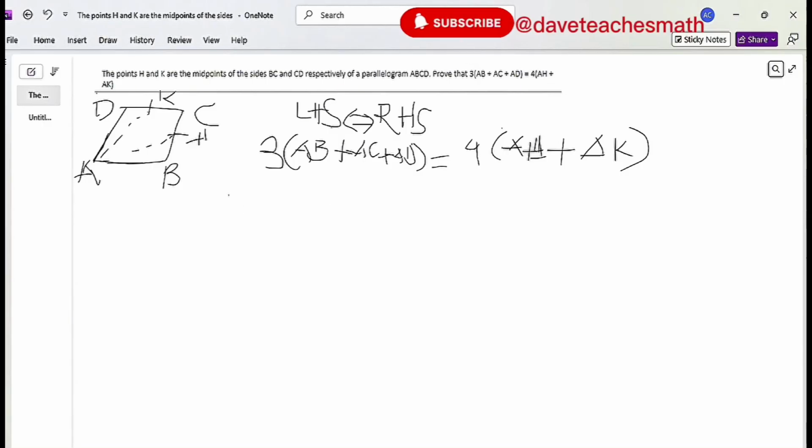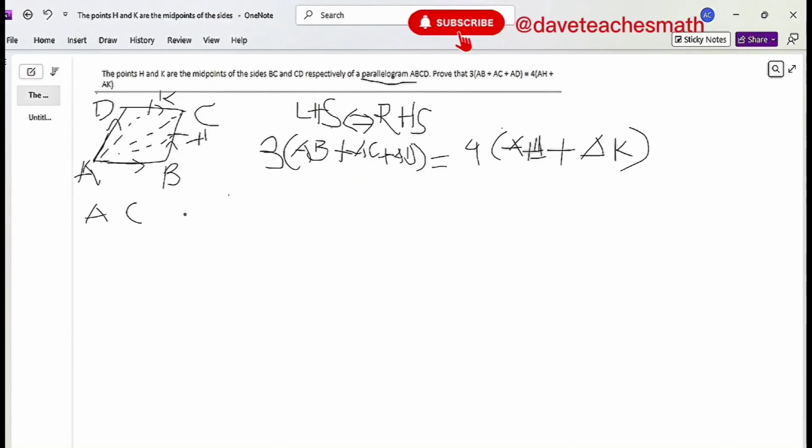So what can we deduce for AC from here to there? Let's establish the arrows. We have AB going this way, BC going this way, and remember we are dealing with a parallelogram. Once it's a parallelogram, two sides are parallel, so we are going to have this arrow here and that arrow there.